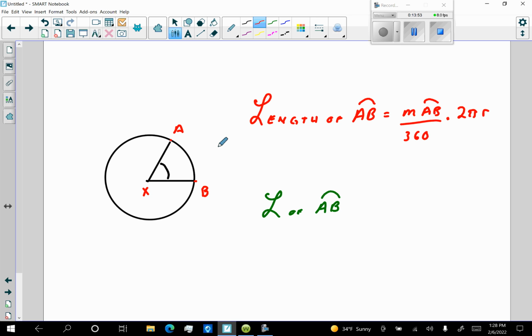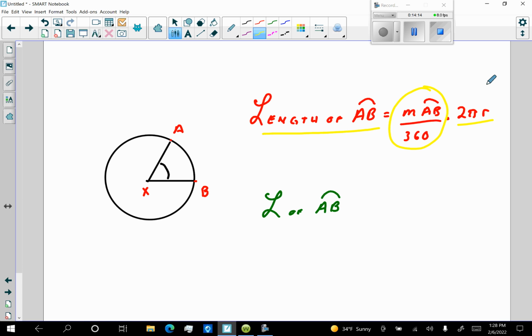Whatever the measure of AB is, divided by 360, that's going to be a portion of the circumference. So the length of an arc is a portion of the circumference. Which portion is it? It's the measure of AB divided by 360.